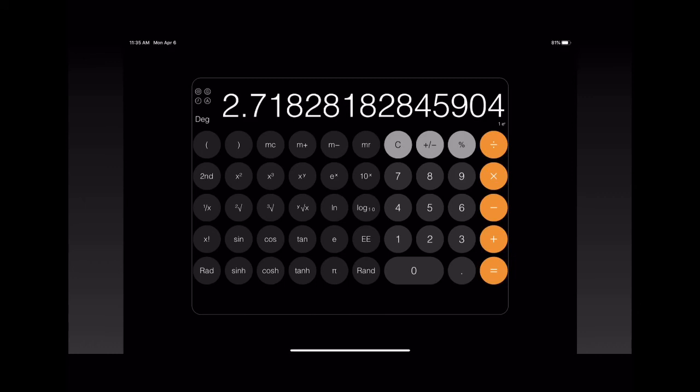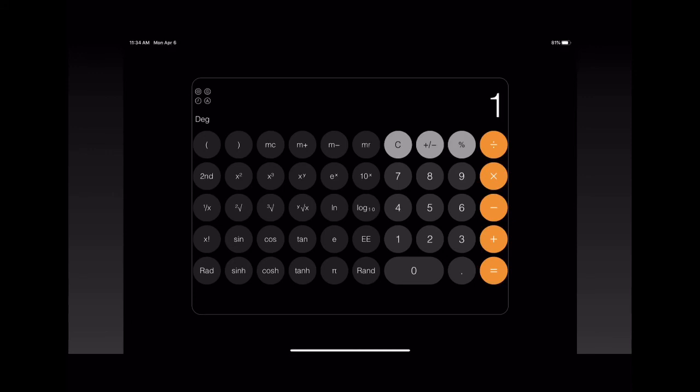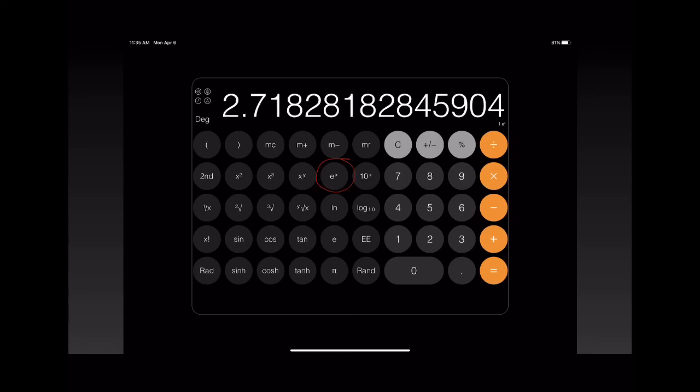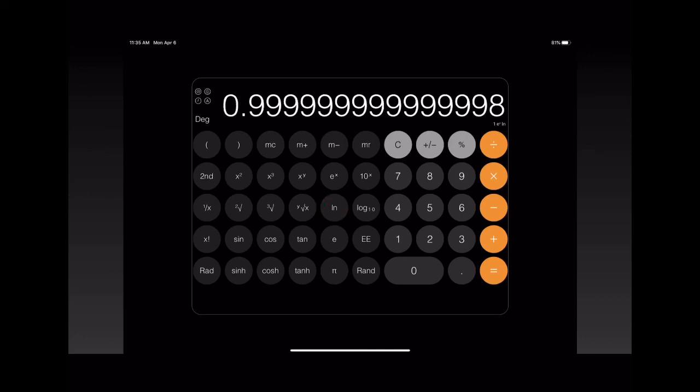So if I type in the number 1 and use the E to the X button, then it will give me an approximation for E. And then if I use the natural log button on that number, it will take me back to what is in essence 1, except for some rounding error.